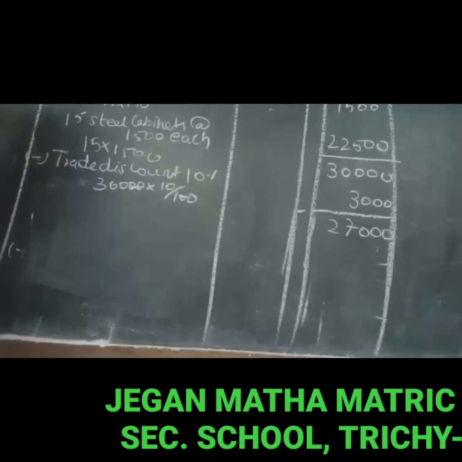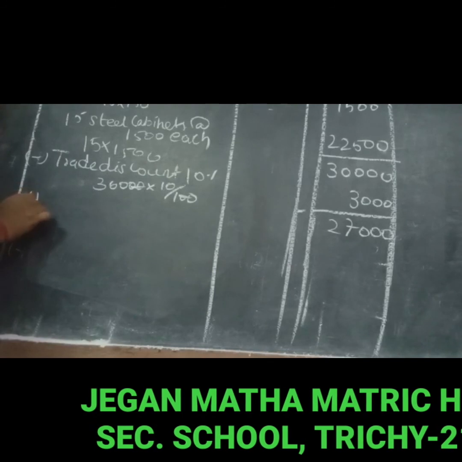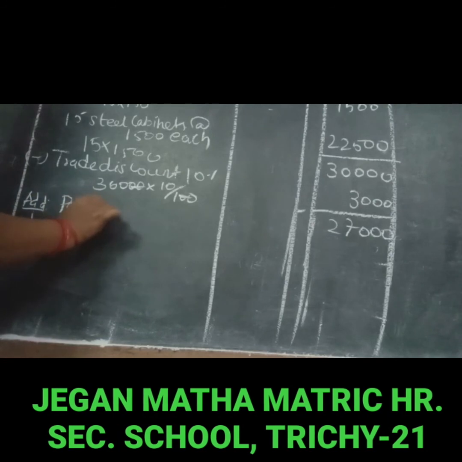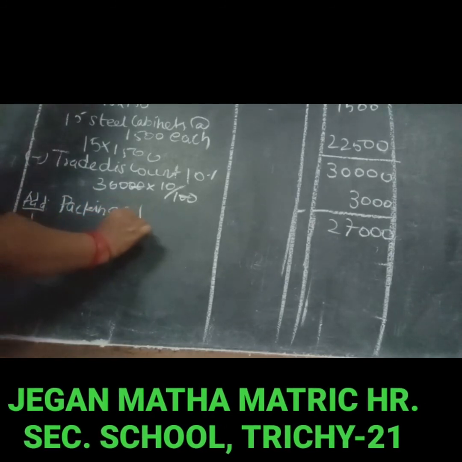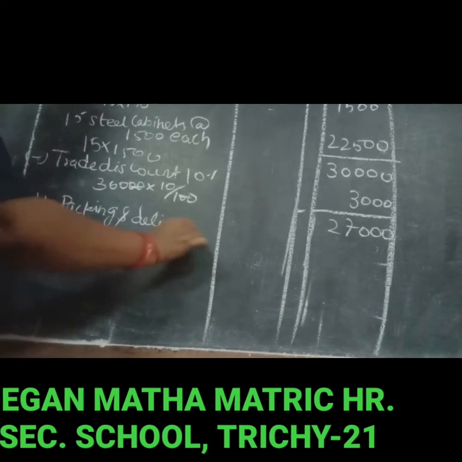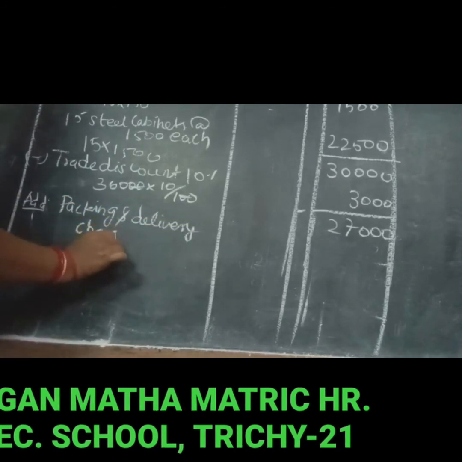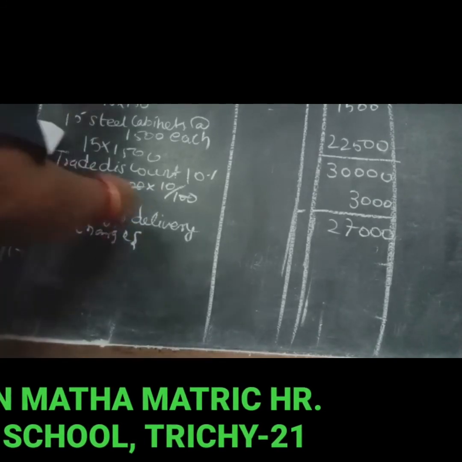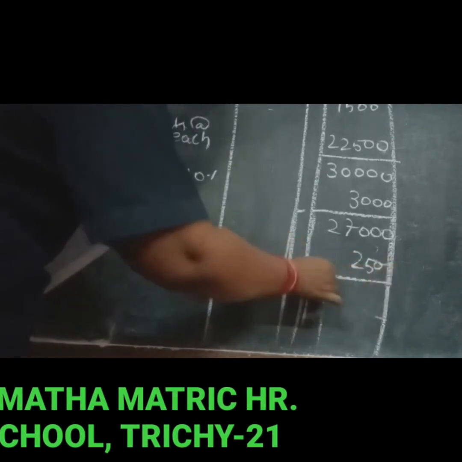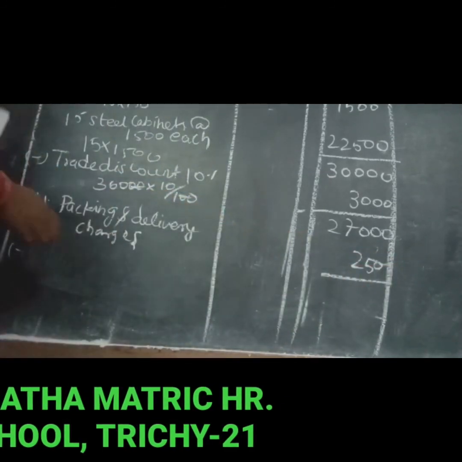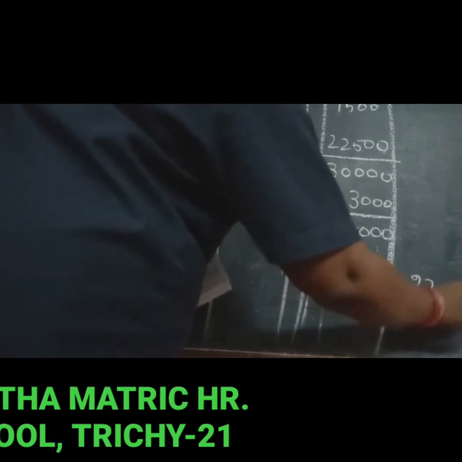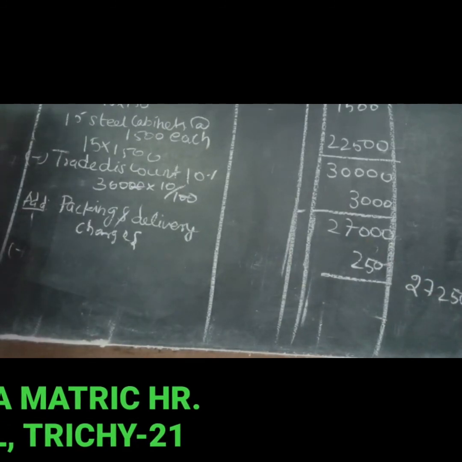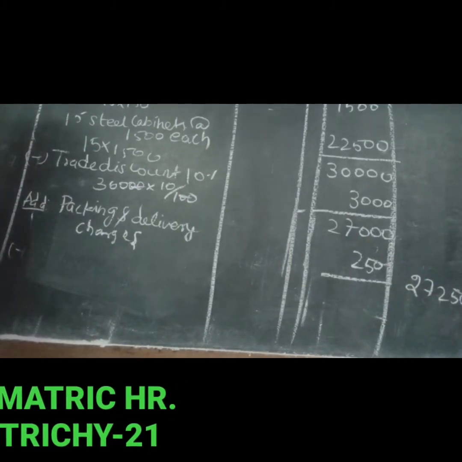The next one, add packing and delivery charges, 250. So 27,000 plus 250, total 27,250.